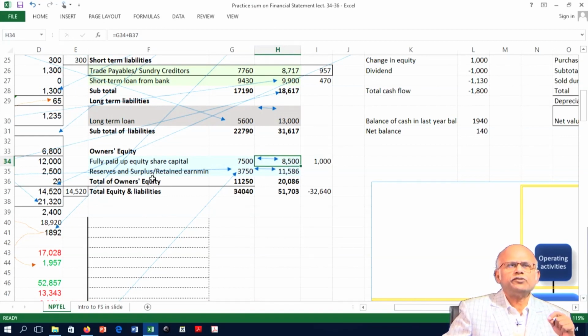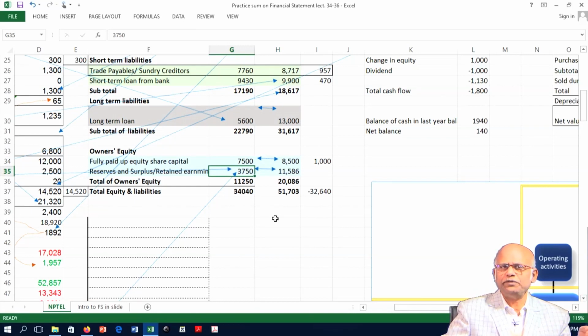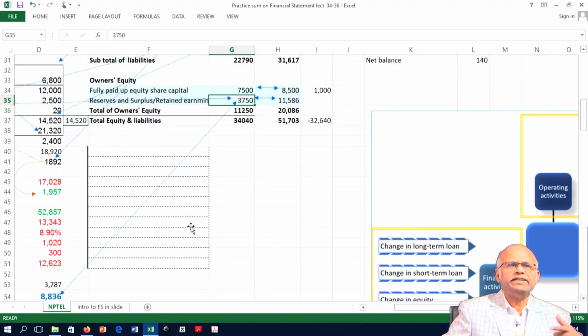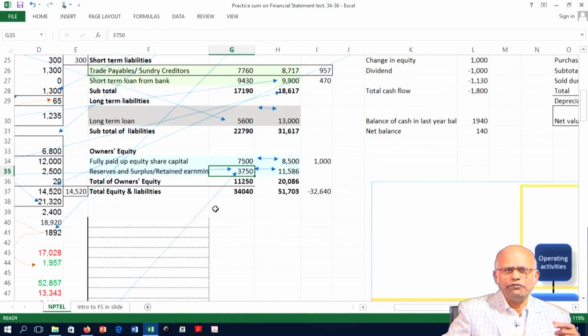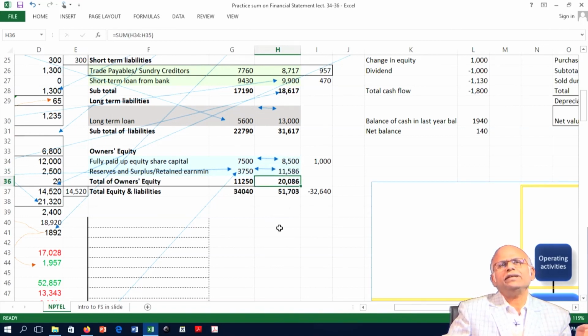Then reserves and surplus. We have already seen that reserves and surplus was 3,750 as of the previous accounting close of business, and we have added 8,836, which was the retained profit, and we got 11,586. That makes the total owner's equity 20,086.